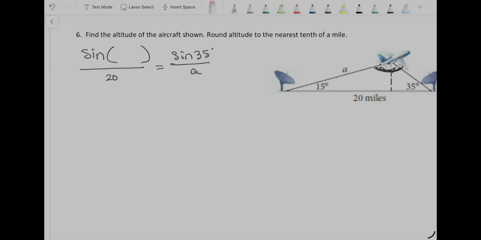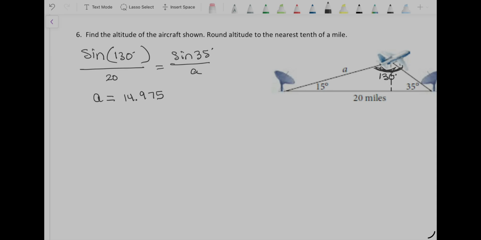So that airplane underneath it, 180 minus 35 minus 15 gives us 130 right here. So I can put that here. Cross multiply and divide, and we will get a side length a of 14.975.